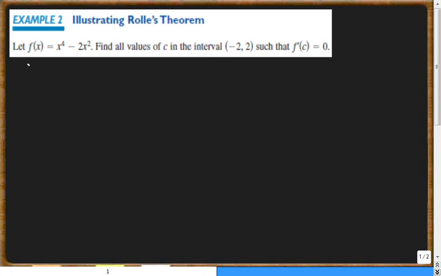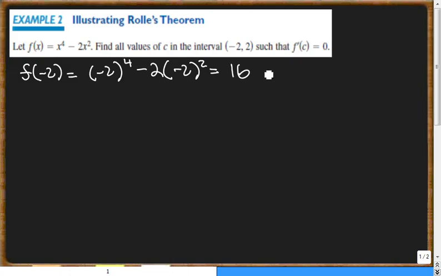if I were to plug in f of -2, I'm going to get -2 to the fourth minus 2 times -2 squared, and that is going to be 16 minus 8, which gives me 8.